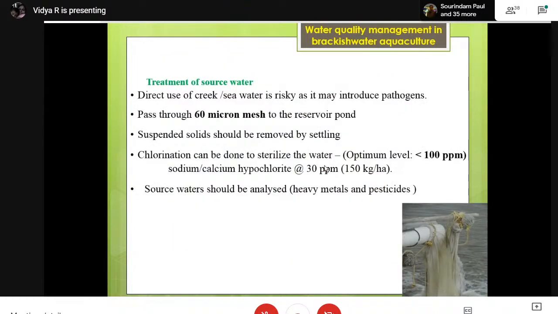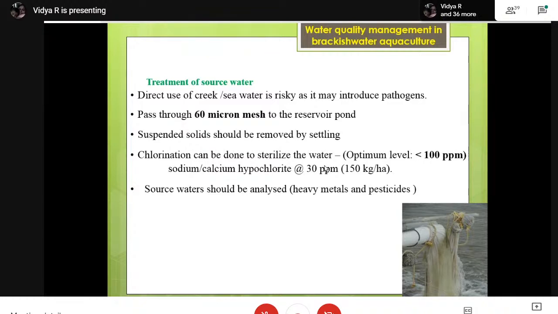So what treatment do we give when we take water into a reservoir pond? The direct use of creek or seawater is risky because it introduces many pathogens, be it bacteria, virus, microsporidia, or any other type of pathogen. So we have to eliminate that risk. First of all, we pass this water through a 60 micron mesh.